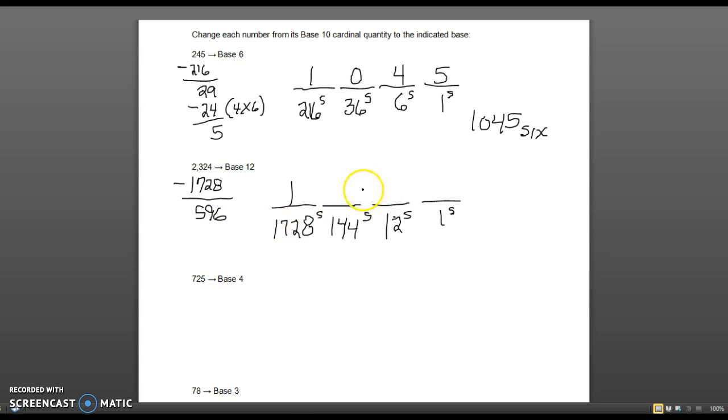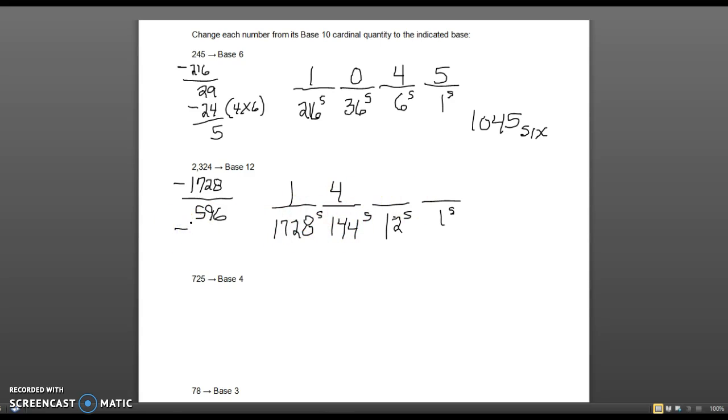Right? So next I say, all right, I've got 596 babies, and I'm going to form 144s. So how many can I get out of that? Sometimes people like to use their calculators and do division. So you could take 596, divide that by 144, and I get 4.13. So I can get 4 wholes, and then I'm going to have leftovers, is what that decimal tells me. So I'm going to get 4 groups of 144, and I'm going to subtract those off.